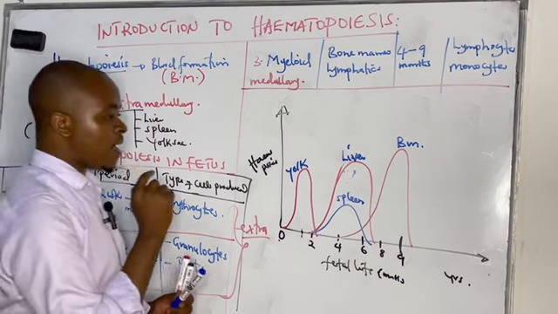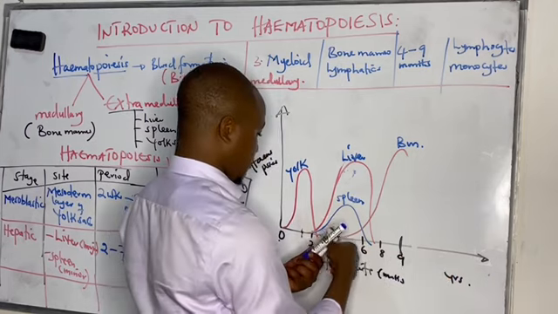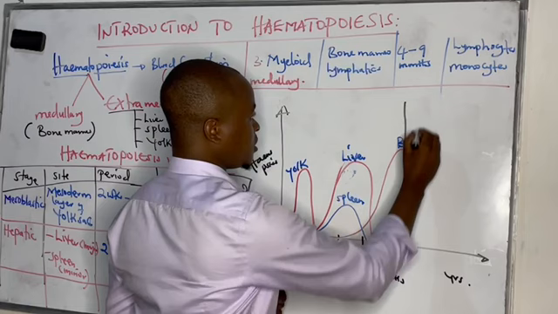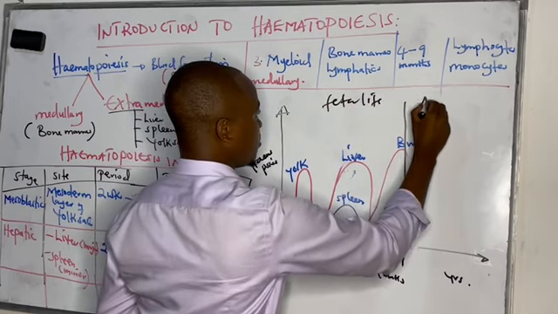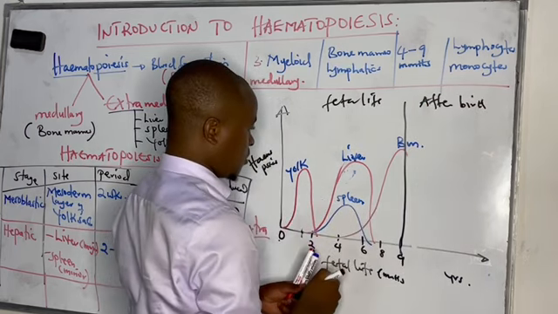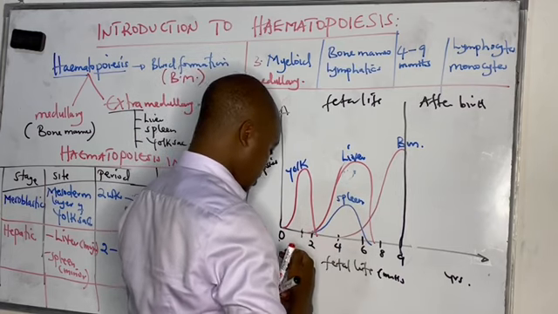Then we know that after birth it does not come down. This is the demarcation. See, this is fetal life. This is after birth. After birth, we see this haematopoiesis occurring majorly in the sternum.